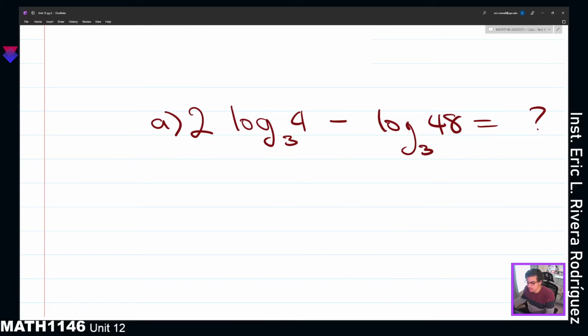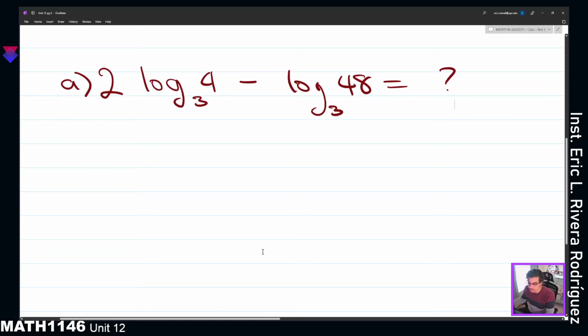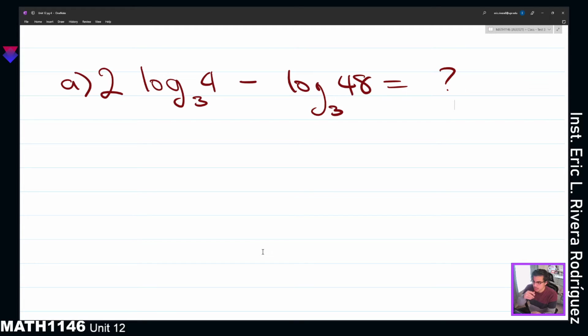Okay, when you see the word evaluate, that means that we need to reach a value. So we need to calculate the values here. So we need to use the properties here, because without a calculator, how are we going to be able to evaluate this expression?